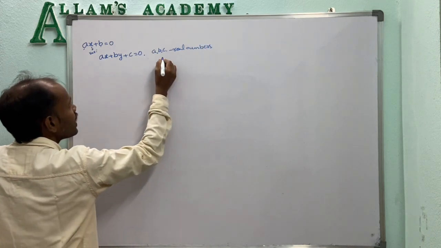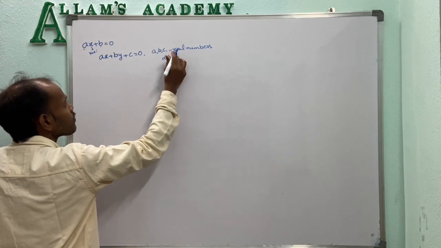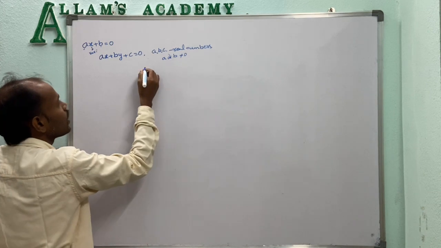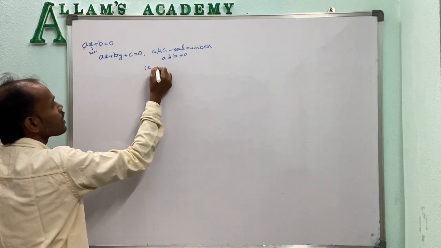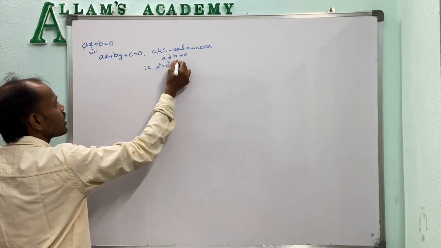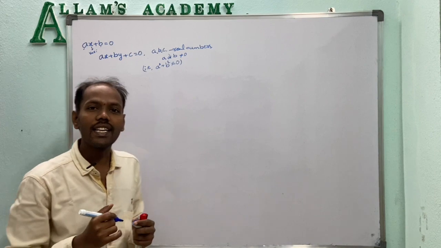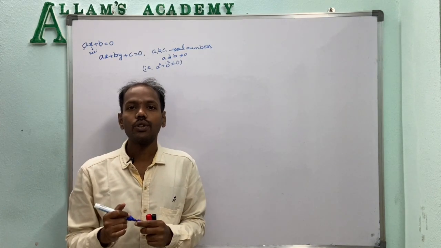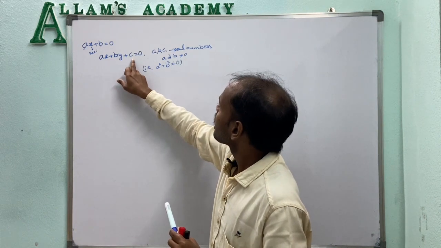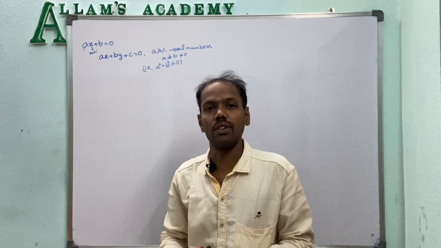And here at least a or b is not equal to 0, that means a square plus b square is not equal to 0. Then it is called a linear equation in two variables. Here a, b, c are constants, real numbers, and x, y are variables.